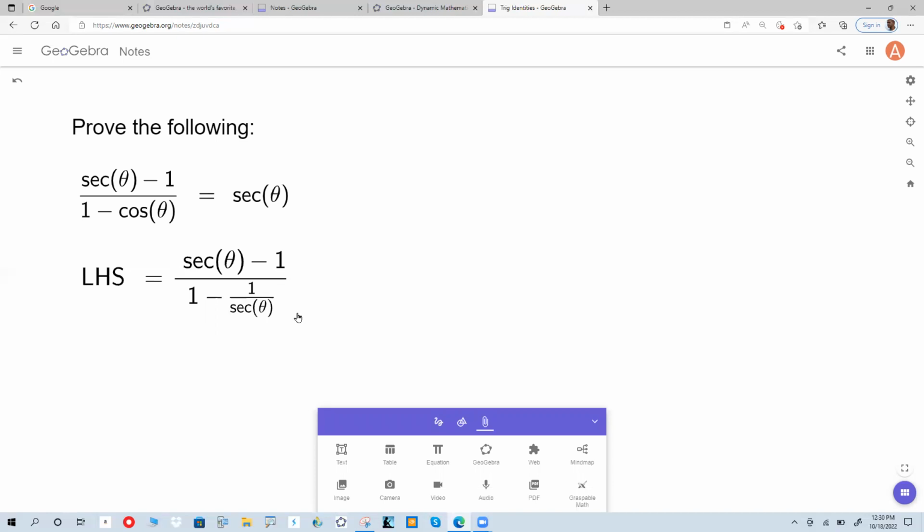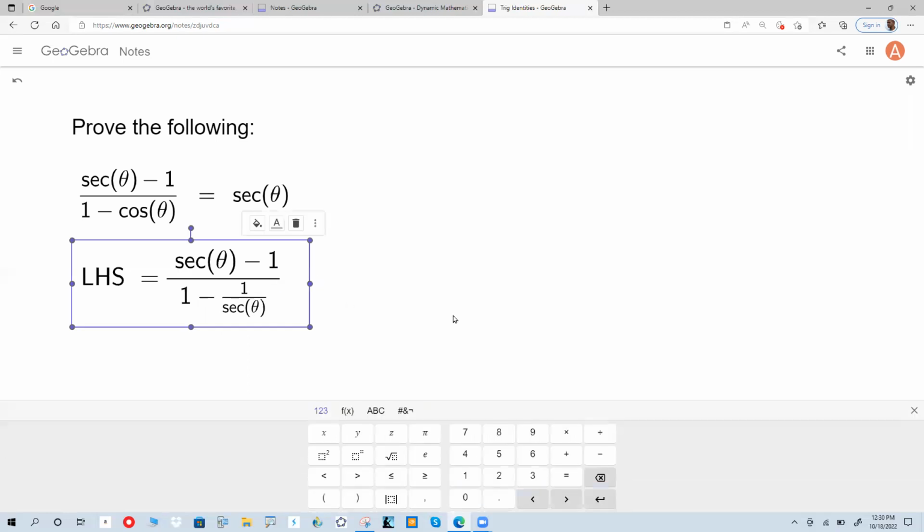And when I simplify things, I hope I get what I am looking for. Now, the top is still what it is. The bottom is 1 minus 1 over secant theta.